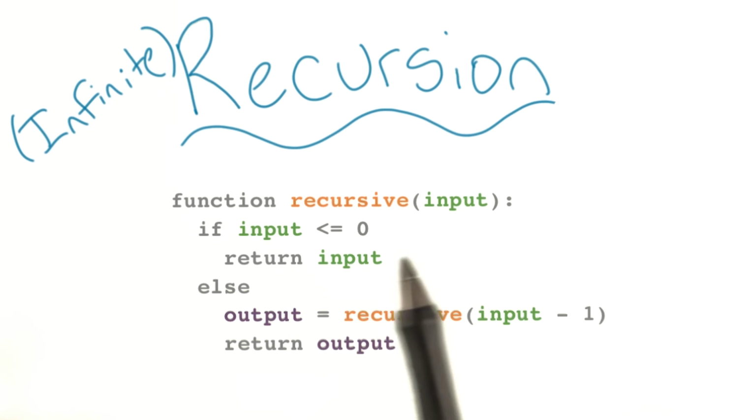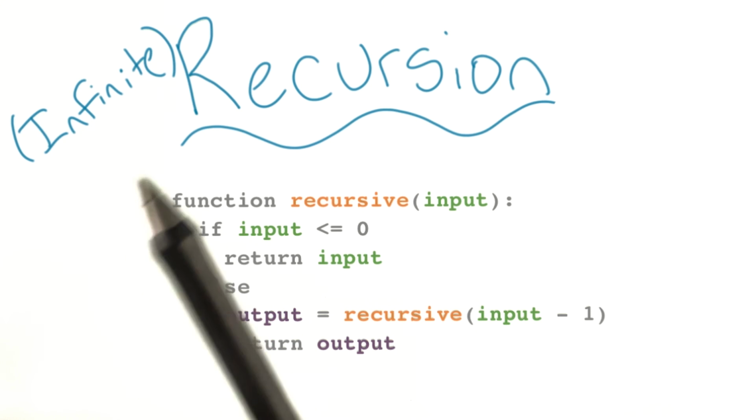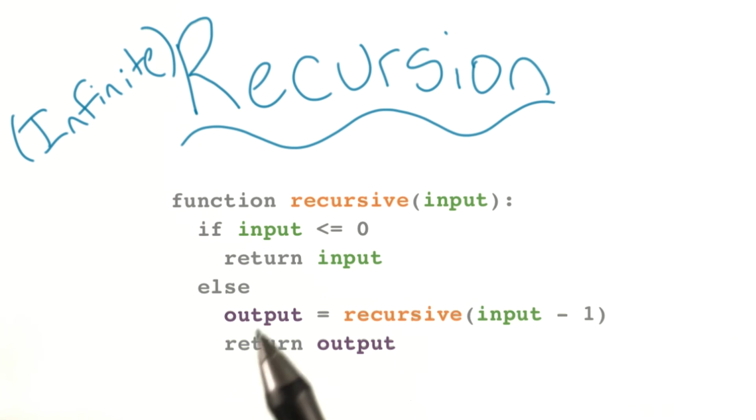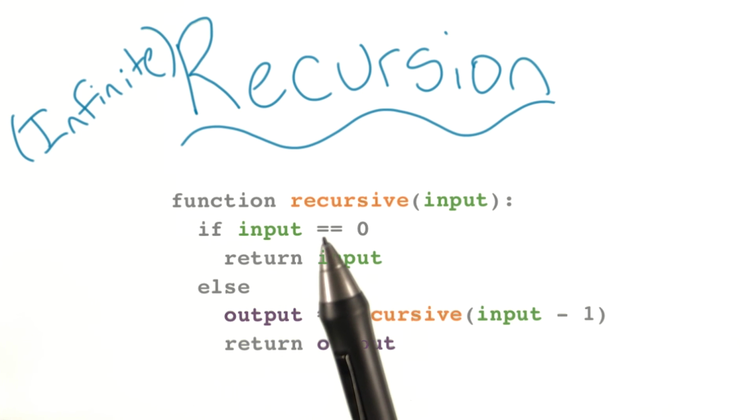If your base case doesn't make sense, you could end up doing infinite recursion. Let's say we change this base case just a little bit. All I did was get rid of the less than or equal to and replaced it with just equal to. Now, this code is going to run fine if we give it an input value of 2 or 1 or 4 or even 1,000,000. But if the input value was actually less than 0, this code's never going to return.